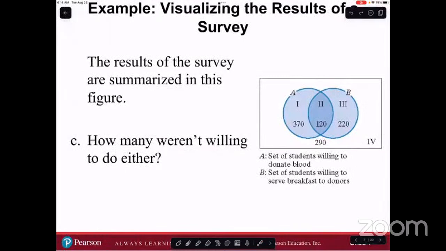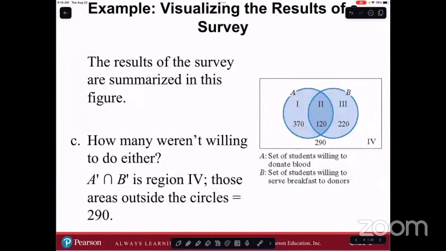How many students didn't want to donate blood nor serve breakfast? That would be region 4, with the 290. So this is really just reading a Venn diagram.